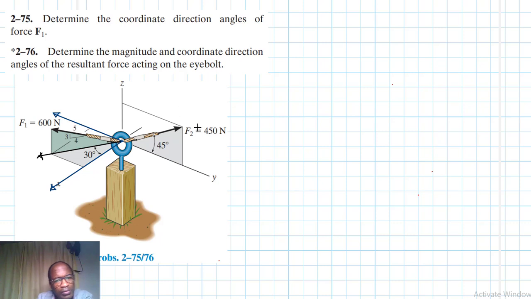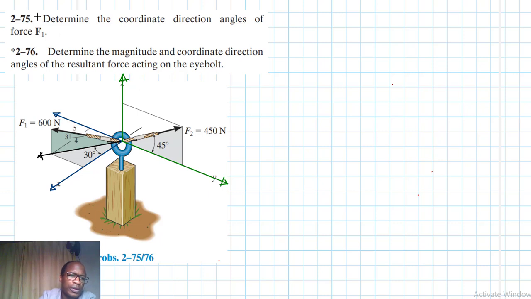And then we have F2, which is in the ZX plane. We'll have a component mapped on the y-axis like so, and then we'll have another component mapped on the z-axis like so.